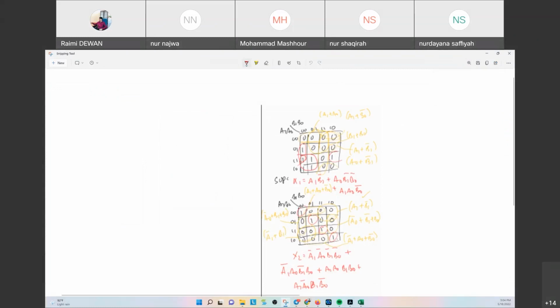I give around 2 to 3 minutes for you to mark your own things. Because if you get the same K-map, most probably you get the logic circuits. You see how difficult it is. It's already 1 hour.